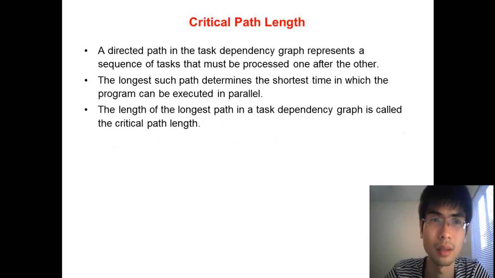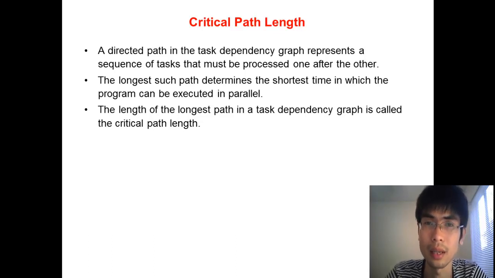The critical path length is a directed path in the task dependency graph that represents a sequence of tasks that must be processed one after the other. We can see it as a workflow. The longest such path determines the shortest time in which the program can be executed in parallel.